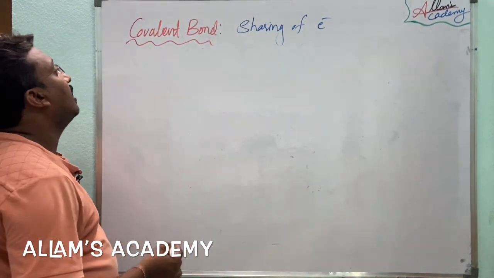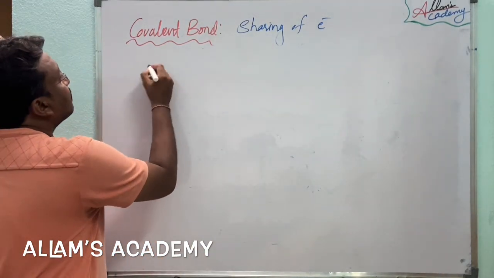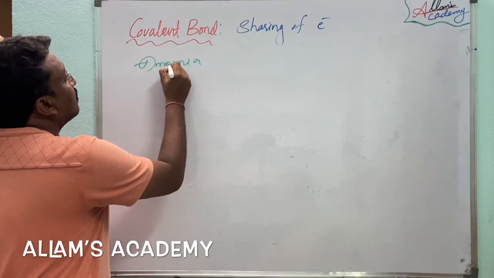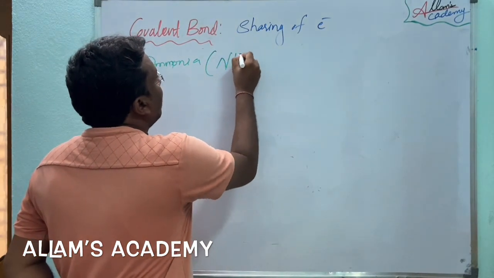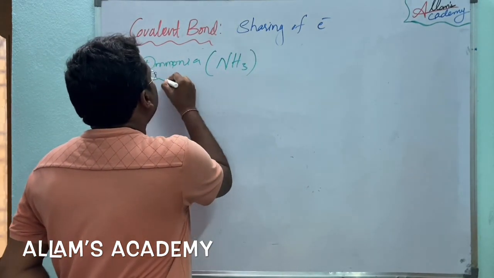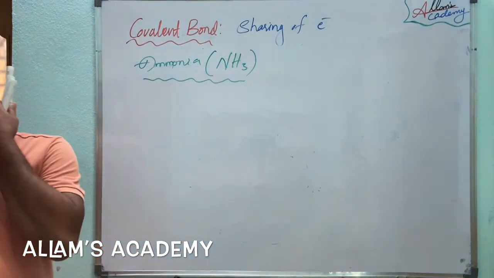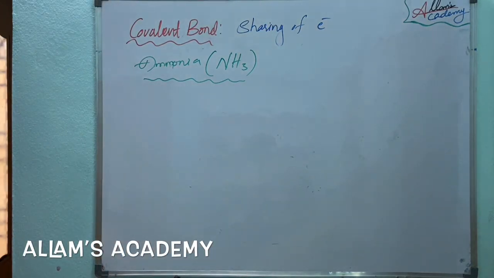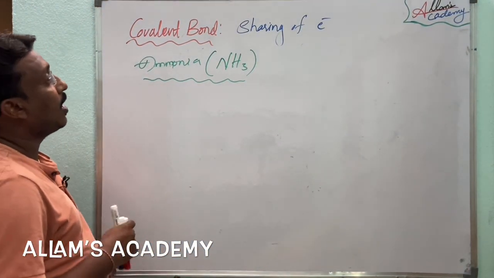Bond formation in ammonia, NH3. Then in ammonia, what kind of bond formation can take place? That is covalent bond. How, sir?